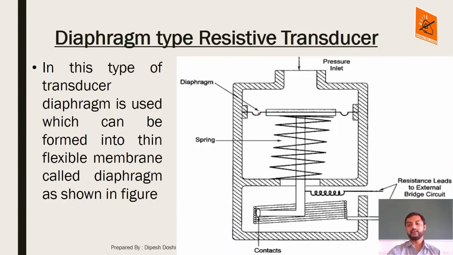Here in the second diagram, it is the diaphragm, it is the spring, here it is the contacts, and these are the resistance leads for the external bridge circuit that I told you about in the previous slide.